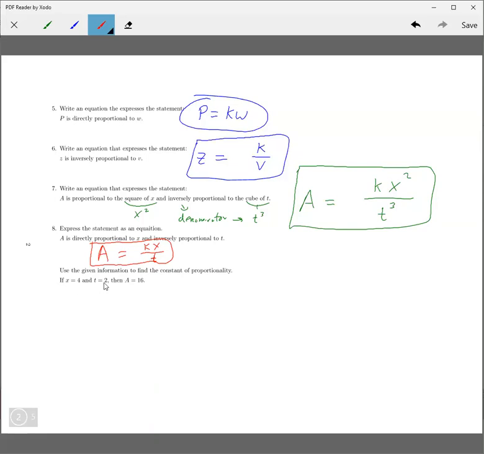If x equals 4 and t equals 2, then A is 16. So you just plug them in. A gets replaced with a 16, x gets replaced with a 4 in parentheses, and t gets replaced with a 2. So 4 divided by 2 is 2. That's 2k is 16, which means that k is 8. So 8 will be the answer.